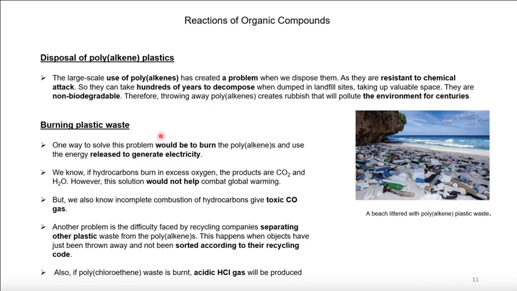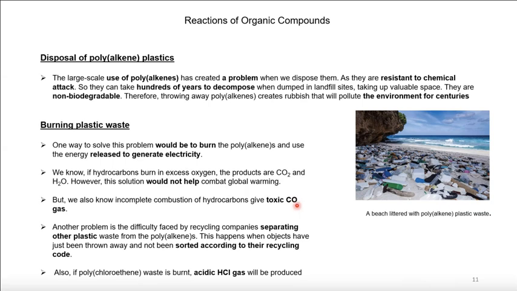One solution could be that we can burn them, but as we see in the combustion of hydrocarbons, we do get carbon dioxide and toxic gases. If we burn them to generate electricity, we form carbon dioxide, and that is not a solution for combating global warming.